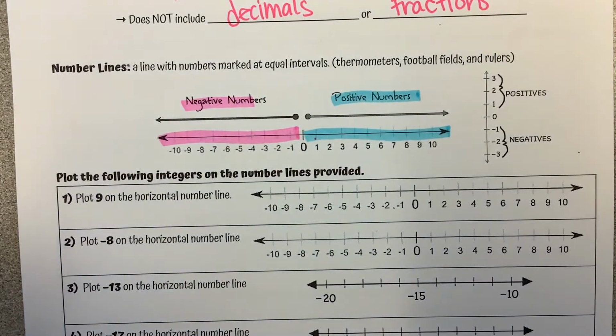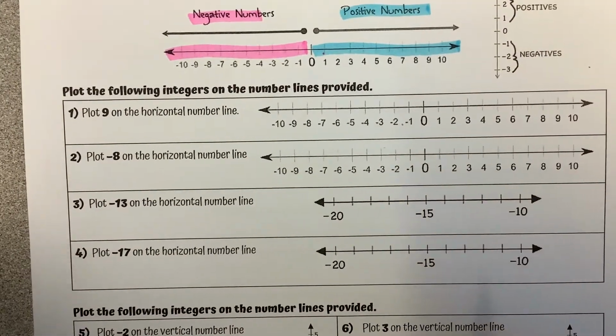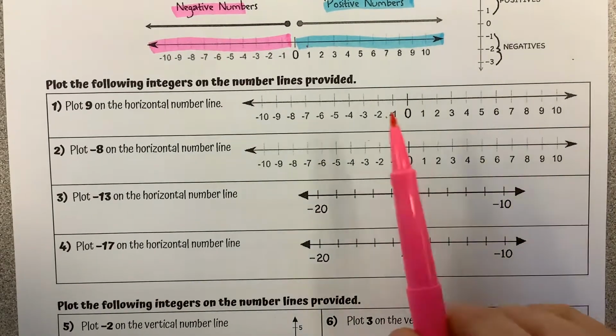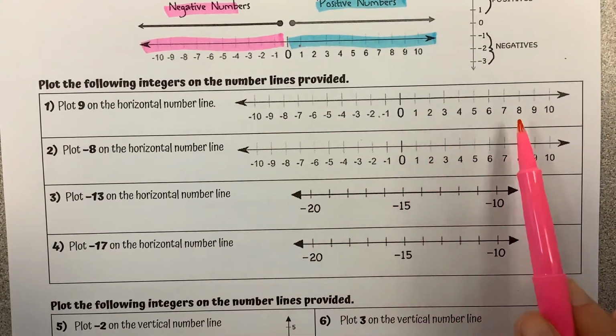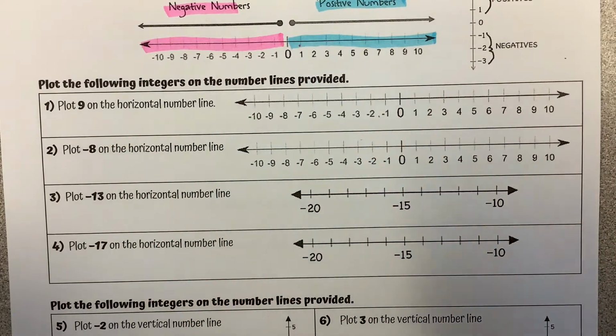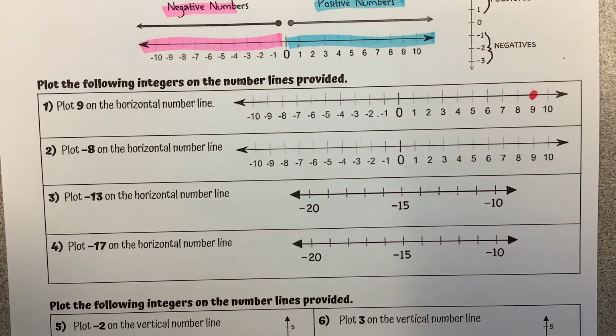So let's plot the following numbers. Number 1, plot 9 on the horizontal number line. Here it is already listed for us, but if it's positive, I know it's going to be to the right of 0. So it's going to be at +9 to the right.